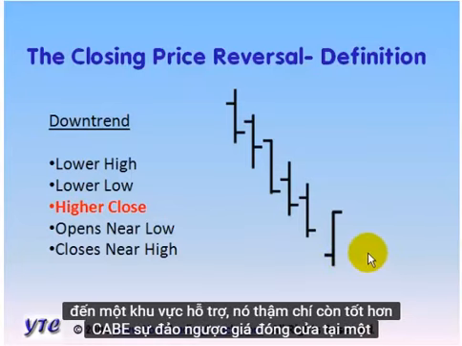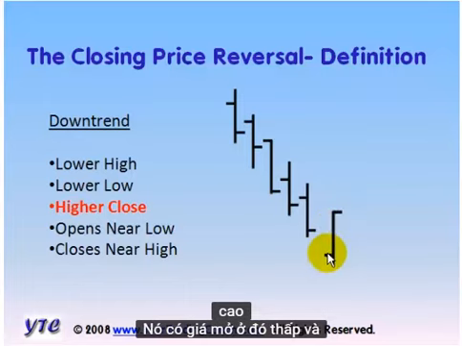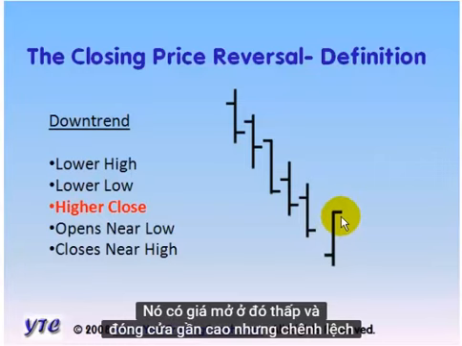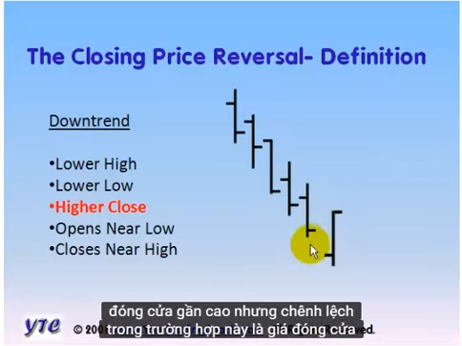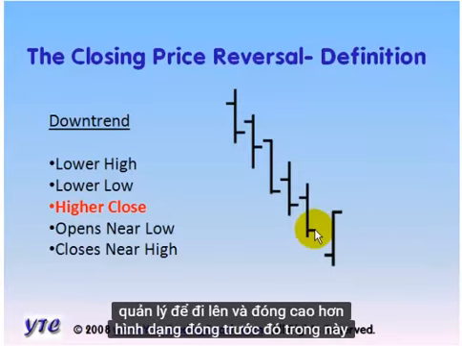Okay, the closing price reversal at a market bottom has a lower low, a lower high. It has price opening near the low and closing near the high. But the difference in this case is that the closing price manages to come up and close higher than the previous close.